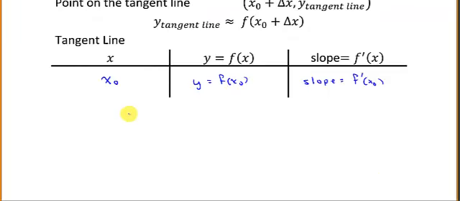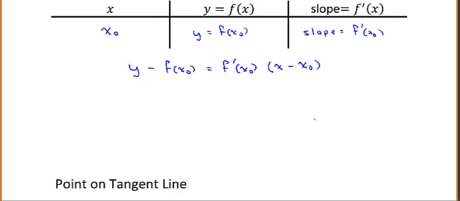We'd have y minus the y-coordinate, which is f of x0, equal to the slope f prime evaluated at x0 times x minus the x-coordinate, which was x0.